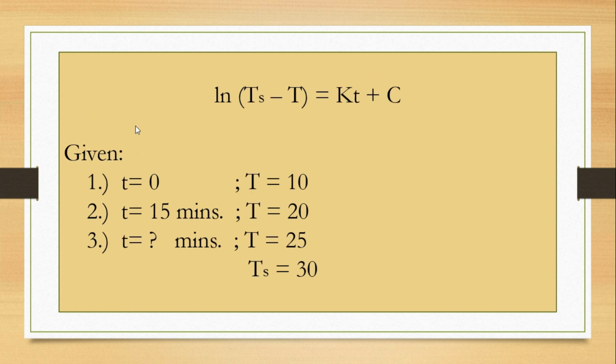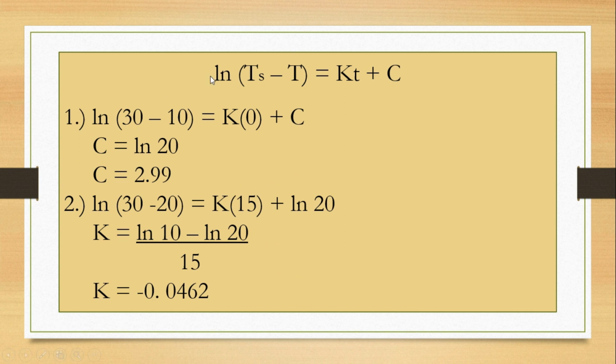On the second condition, the time is 15 minutes and the temperature is 20 degrees Celsius. So we just have to substitute the givens. ln of 30, which is the temperature of the surroundings, minus 20, which is the temperature of the object at the second condition, is equal to the proportional constant k times 15, which is our time in the second condition, plus ln 20, which is our constant from the first condition.